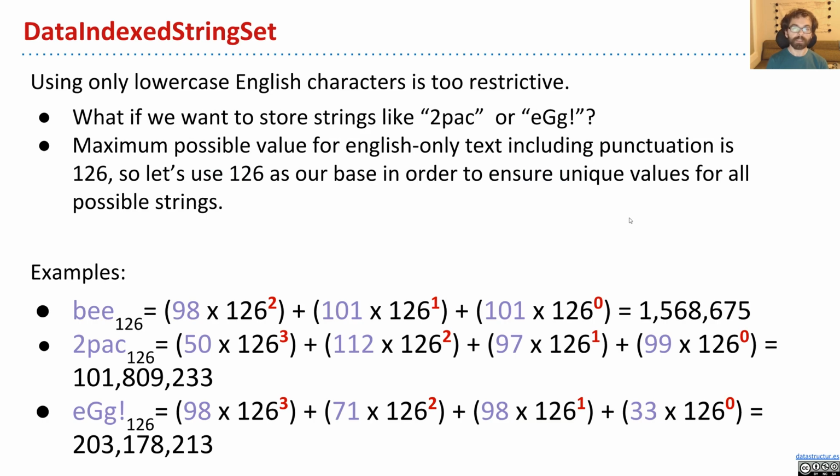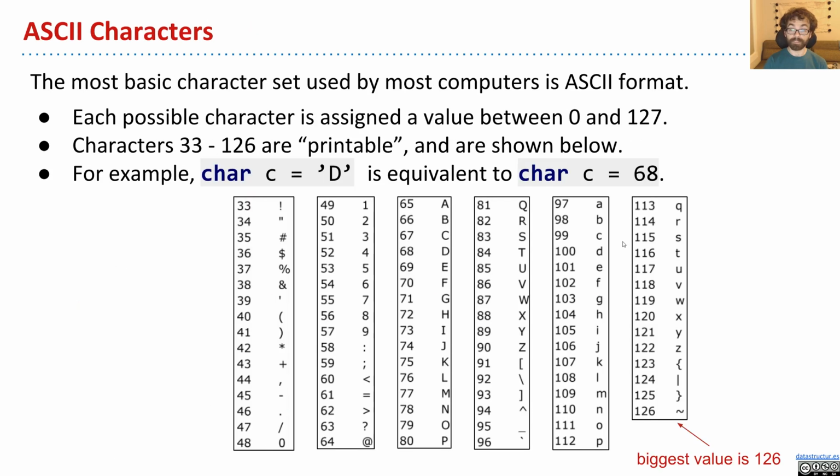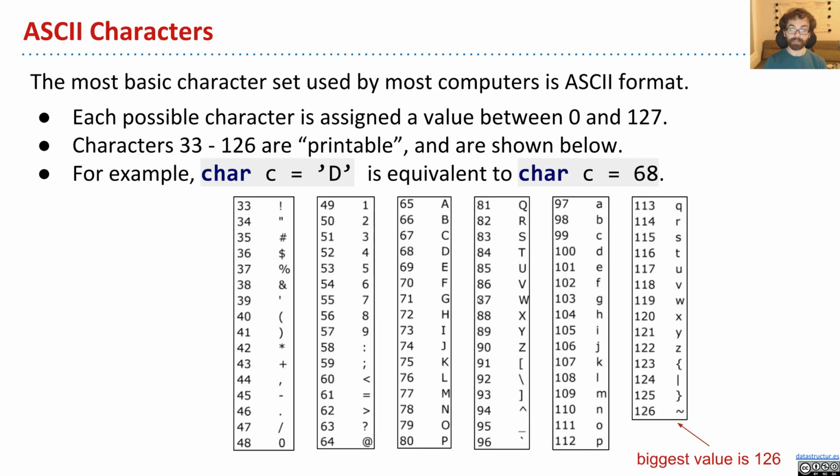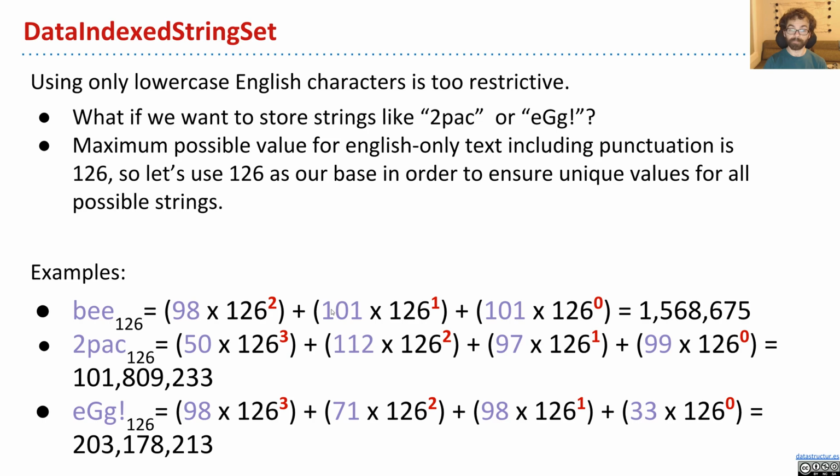So now that we know this secret, that the largest possible character is 126 for ASCII, if we wanted to guarantee a unique value for all possible strings that are ASCII based, we would use base 126. So for example, B would be, in base 126, 98. Why 98? Because that's the letter B, 98.